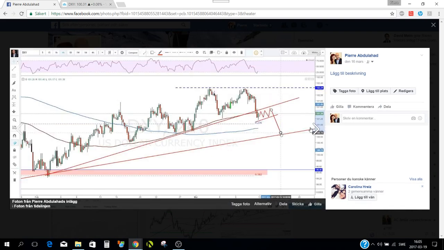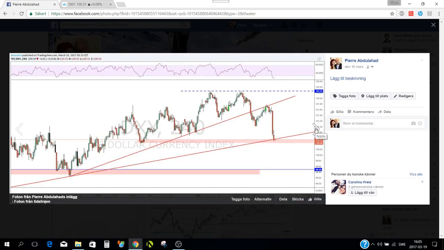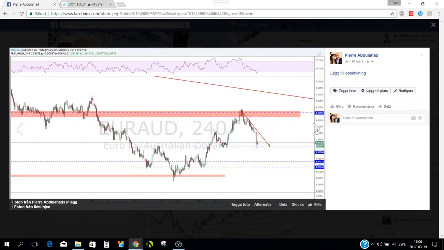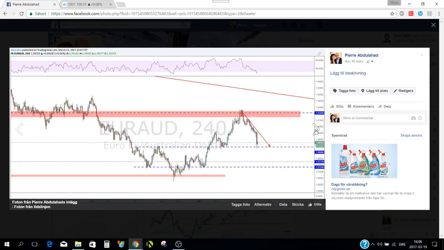Then we had talked about the Dixie and the break of this trend line, and I said wait for a flag and more continuation to the downside, and here is what we got. Then we had the Euro Aussie, and we said how important this level was, that you can expect a bounce to the downside, and here was the result.